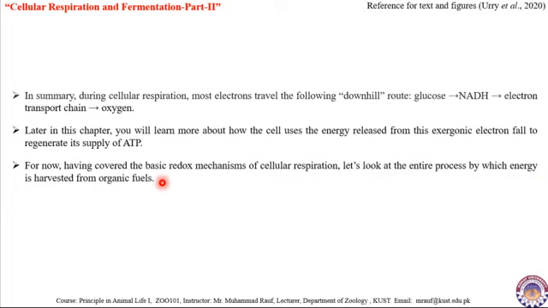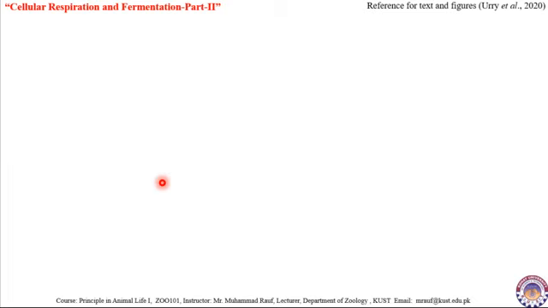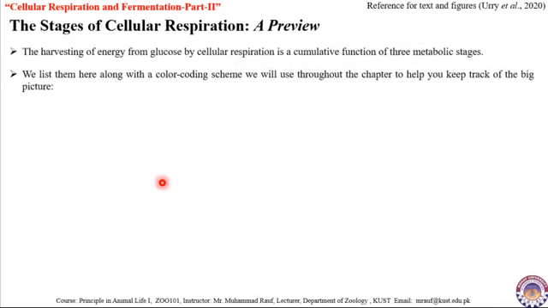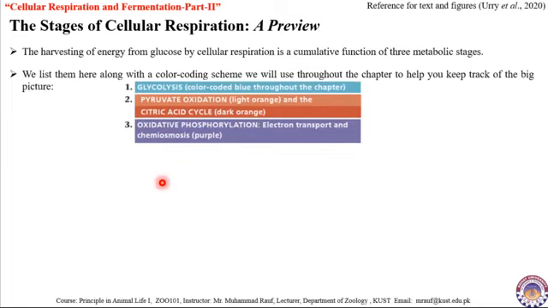So this process of aerobic cellular respiration comprises three major steps, and these three major steps are glycolysis, in which a glucose molecule, a 6-carbon molecule, is broken down into 3-carbon molecules called pyruvic acid, and glycolysis takes place in cytoplasm.